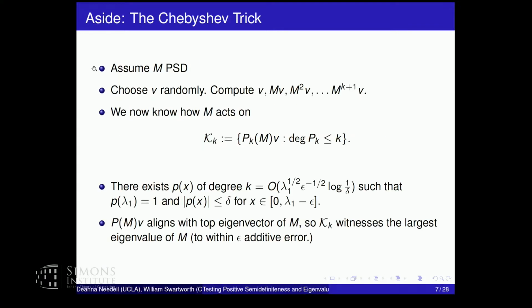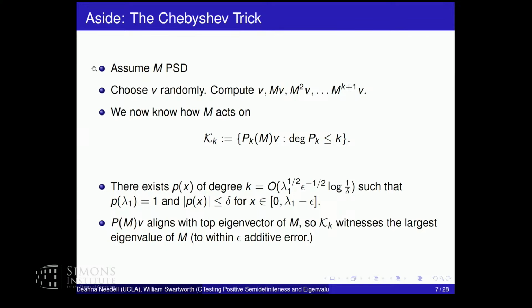And so we can just compute these products and then maximize the quadratic form to compute the top eigenvector in the Krylov space, which we know. So we don't need to know this polynomial to figure out a good bound on the top eigenvalue. All we need to know is that this polynomial exists.